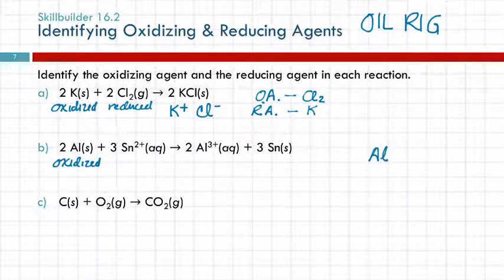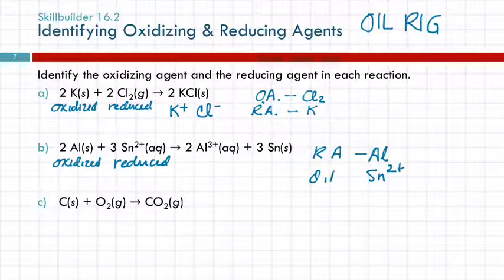So if aluminum is being oxidized, which agent is it? The reducing agent. Tin is going from +2 to 0. That happens by gaining electrons. Tin 2+ is being reduced. So tin 2+ is the oxidizing agent.